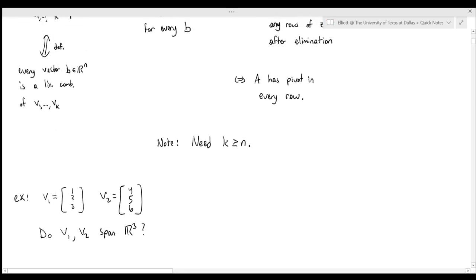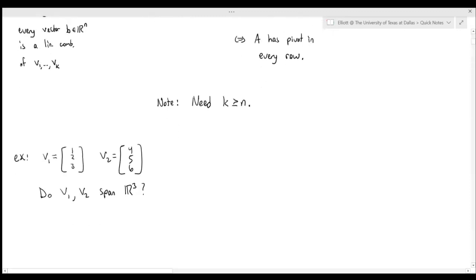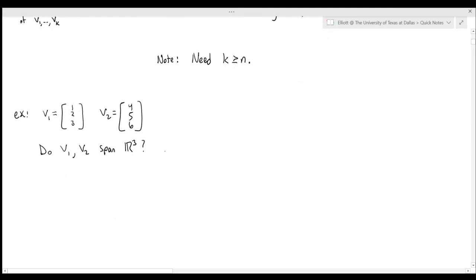Here we only have two vectors, but as we talked about, for R3 we would need at least three vectors in order to span all of R3. So here we don't have enough vectors to span all of R3, so you could immediately say no without actually doing any work.